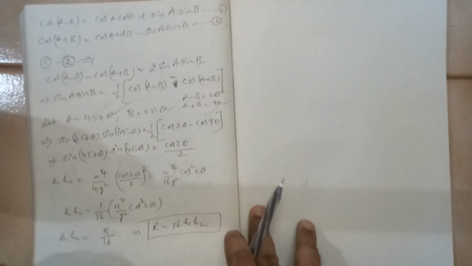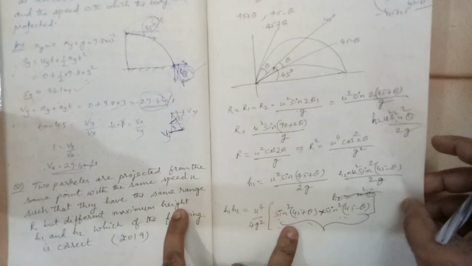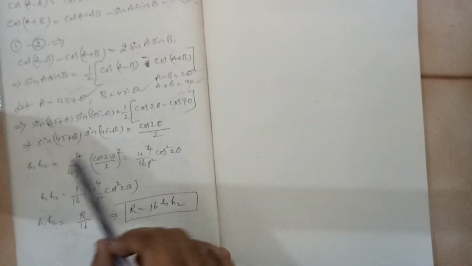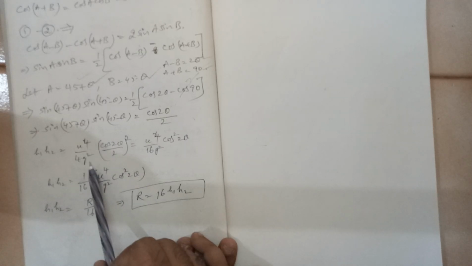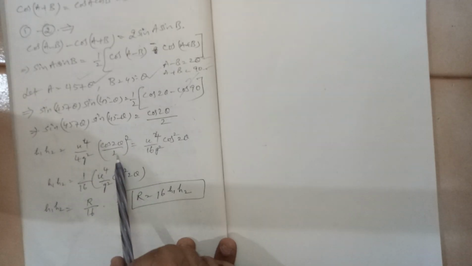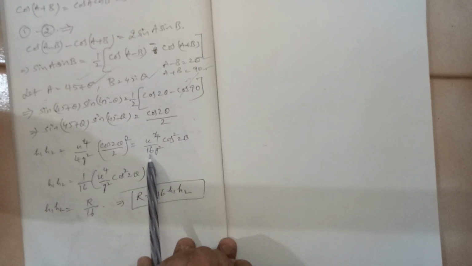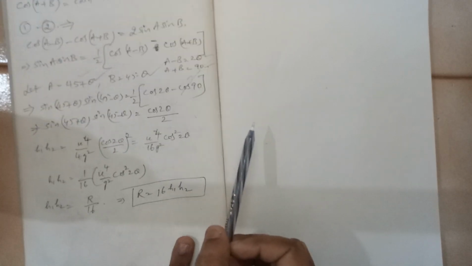But in our previous expression, we want it in terms of square. So we need to square it. When you square it, you get H1 H2 equal to u power 4 by 4g square times cos 2 theta by 2 whole square. So this is u power 4 by 16g square into cos square 2 theta.